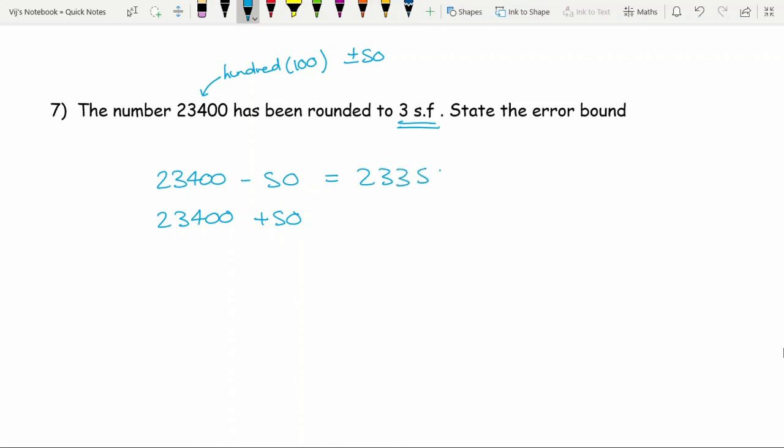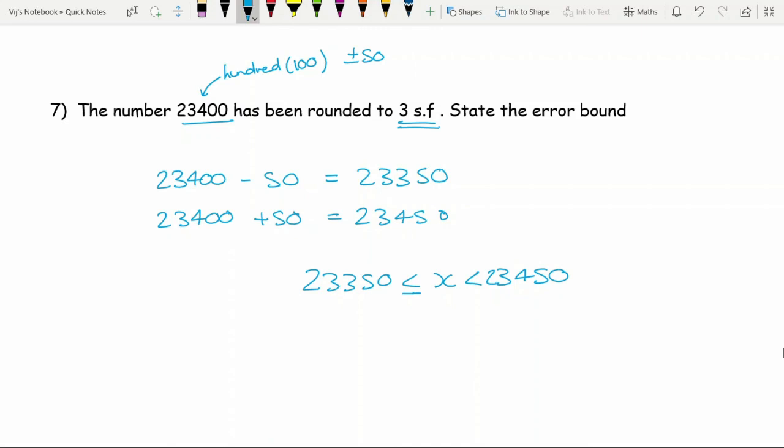So this is going to give me 23,350, and this is going to give me 23,450. So our error bound is going to be 23,350 less than or equal to x, and it can equal that number, because if I round it to 3 significant figures, it gives me 23,400. The upper bound can't actually equal 23,450, because that would round up to 23,500.